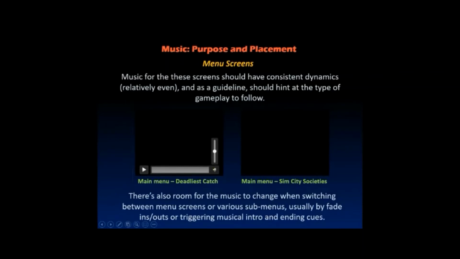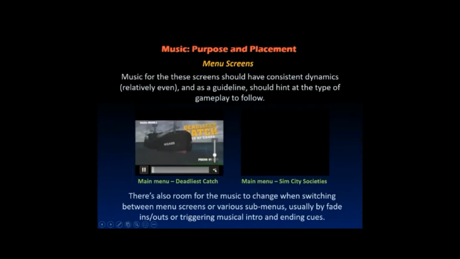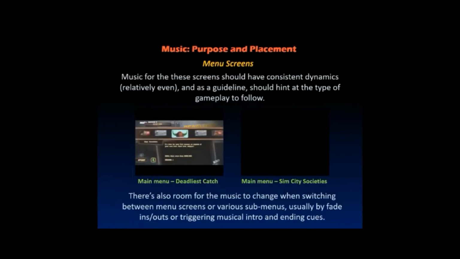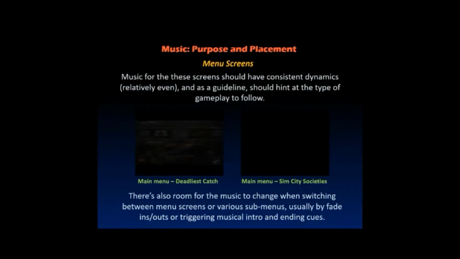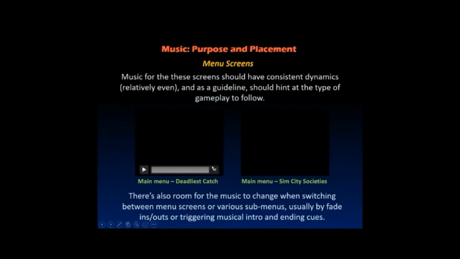So for Deadliest Catch, main menu, for example, it's kind of epic orchestral.